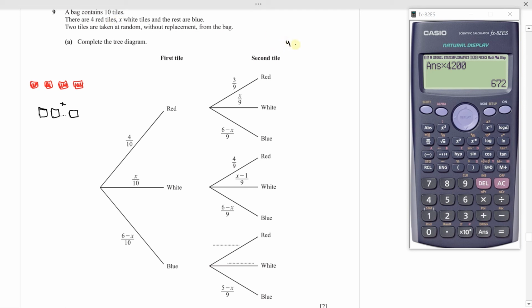So 4 red, X white, and then you have remaining blue. So let's call them B, should equal 10. So B will be 10 minus 4 will be 6, and this will be 6 minus X. That's exactly what you have here as well. So we can mark how many blues do we have? We have 6 minus X blue. So we had 4 red here.